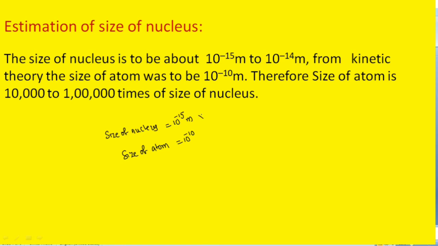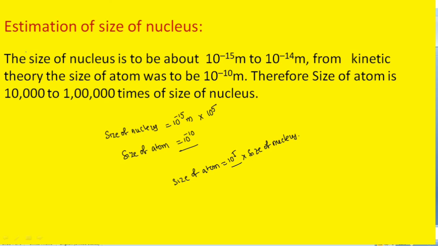You multiply the nucleus size with 10 to the power of 5, then you will get the size of atom. That means size of atom is 10 to the power of 5 times the size of nucleus, right? That means 10 to the power of 5 means 1 lakh times.